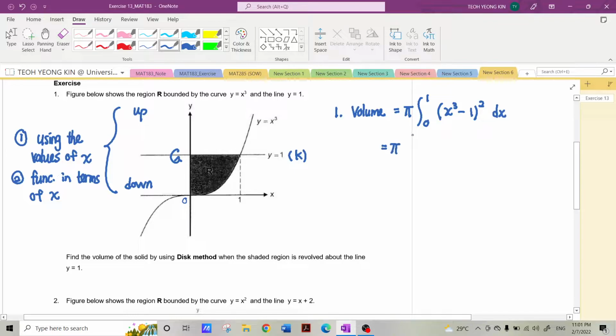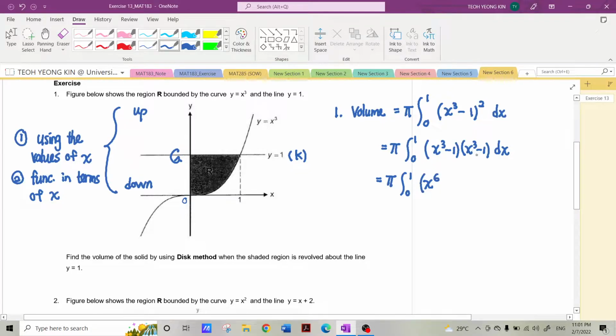Next, we try to expand before we integrate. Here, if I expand, it will become x cubed minus 1, x cubed minus 1. So we expand: pi, integration from 0 to 1, x cubed multiplied by x cubed becomes x to the power of 6.